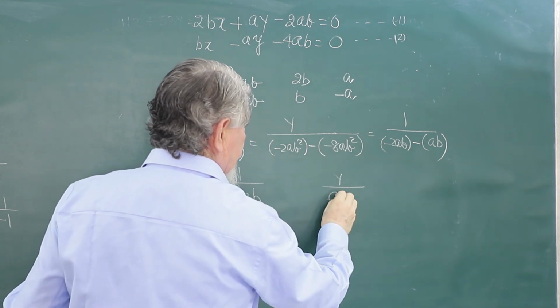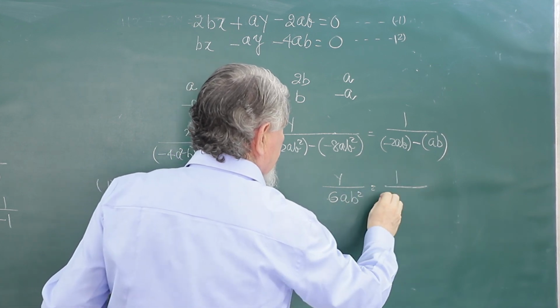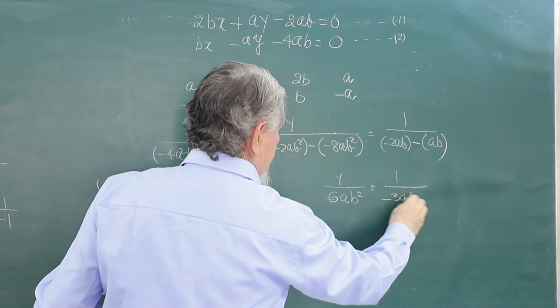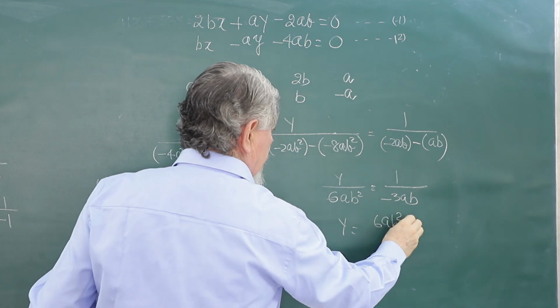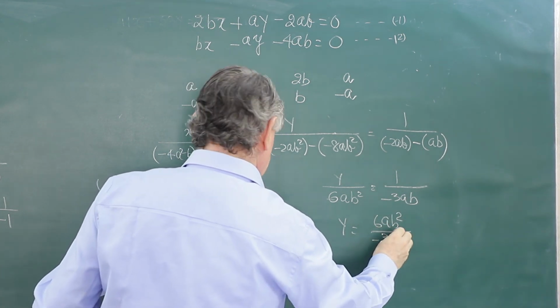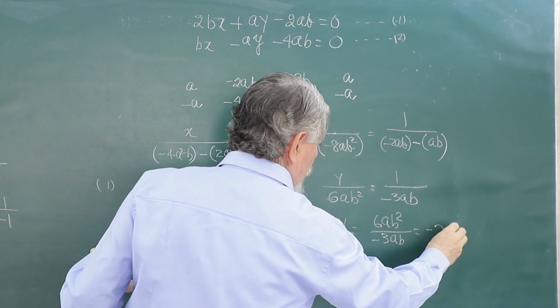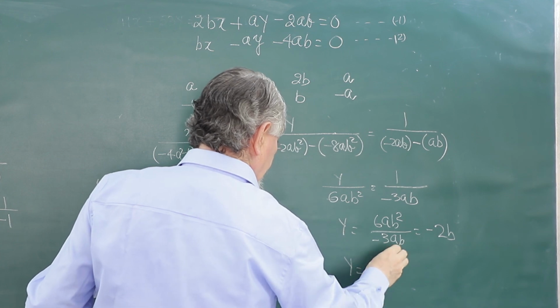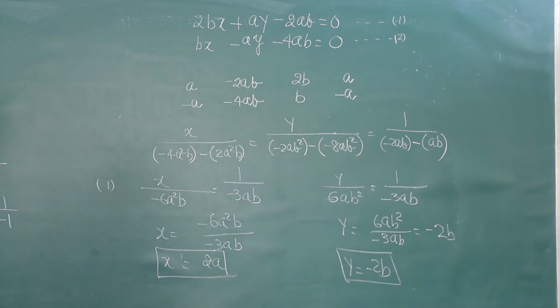It will be 6ab square. It will be equal to minus 1 upon minus 3ab. So y will be equal to 6ab square upon minus 3ab, which will be minus 2b. So y is minus 2b. X is 2a and y is minus 2b.